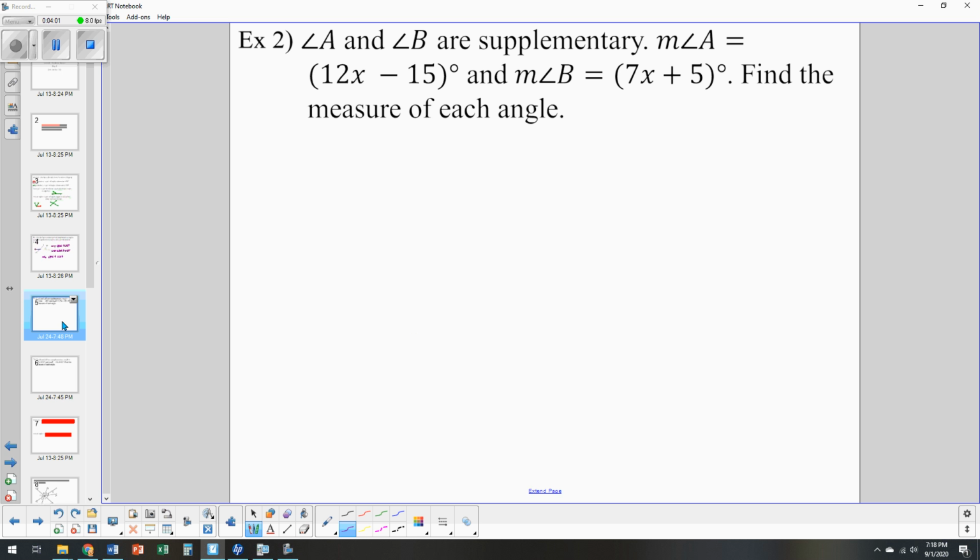For my next example, we have angle A and angle B are supplementary, so I already know they equal 180. The measure of angle A is 12x minus 15 degrees, and the measure of angle B is 7x plus 5 degrees. We want to find the measure of each angle. So I'm going to add these two together and set it equal to that 180. So that's going to be 12x minus 15 plus 7x plus 5.